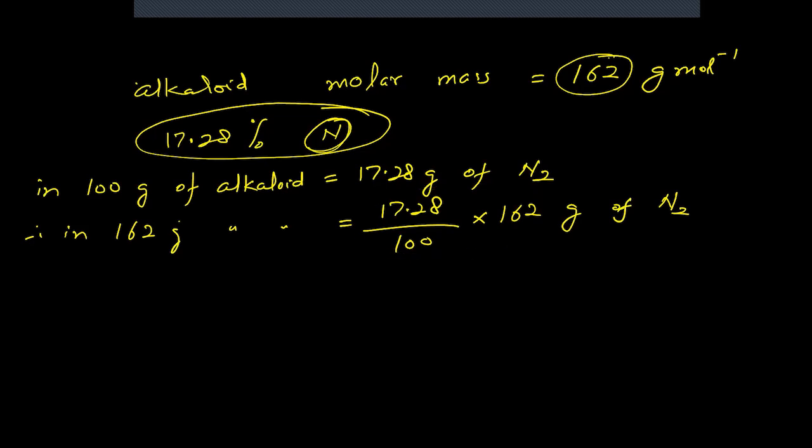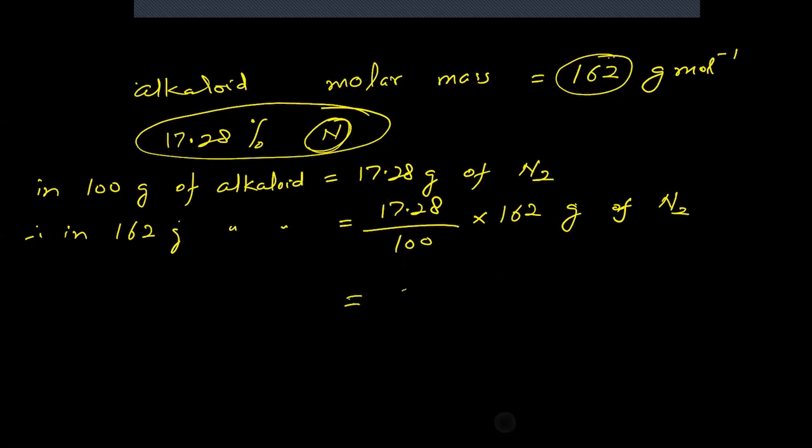So in 1 mole, this much. What was asked? Number of nitrogen atoms. So when you know the mass of nitrogen, you can calculate the number of moles of nitrogen.